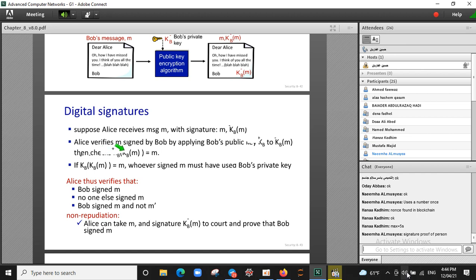So if the real Bob signs this message, encrypting it with his private key, I can simply decrypt that message with Bob's public key.